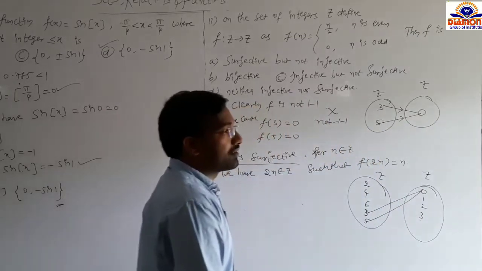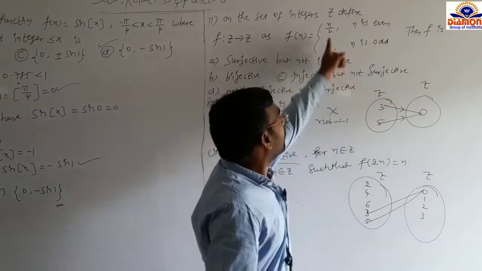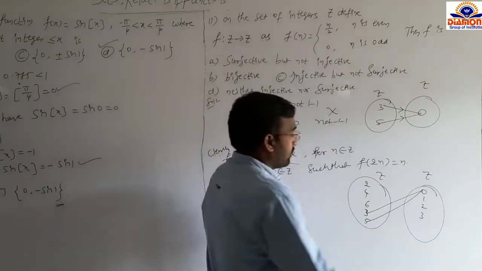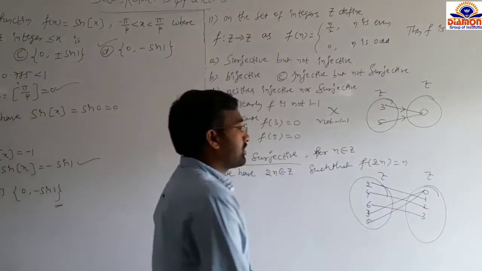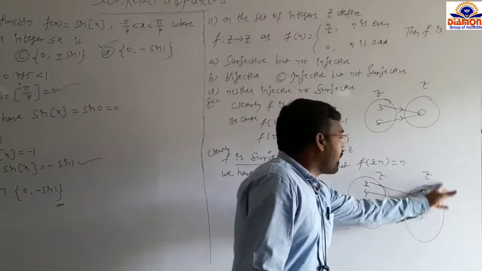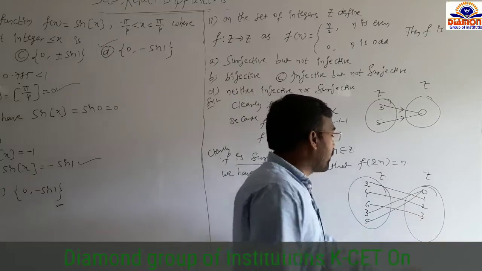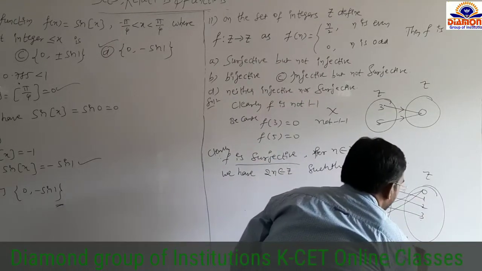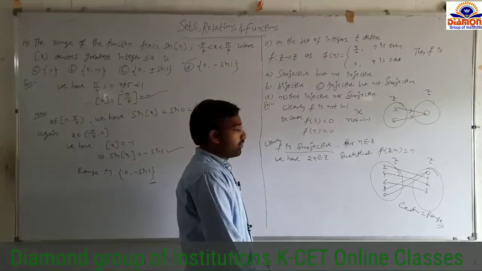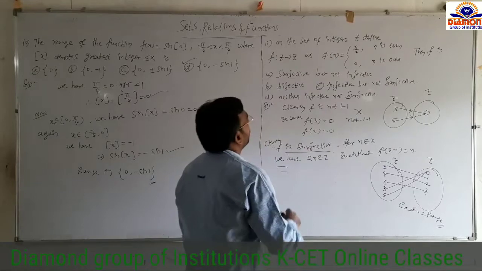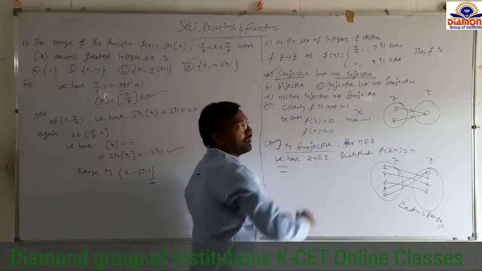Next for even numbers, n is even, so 2 is an even number, n by 2 is 2 by 2 is 1, so 2 is mapped with 1, 4 mapped with 2, 6 mapped with 3. So in the codomain every element has a relation with the domain. So codomain equal to range here. That's why this is onto clearly. So the given function is surjective but not injective. Option A is the right option.